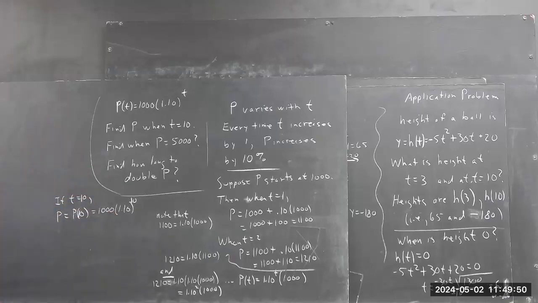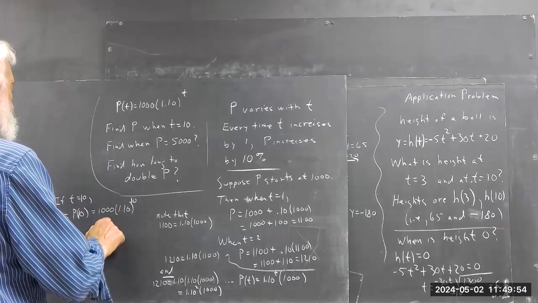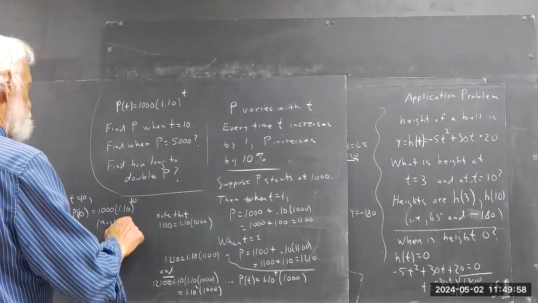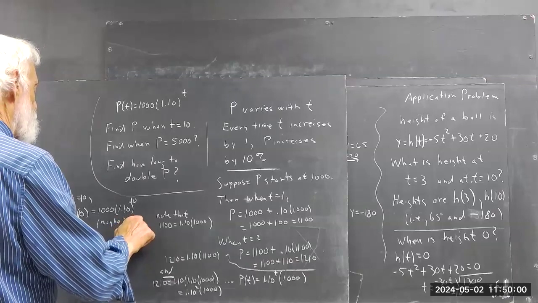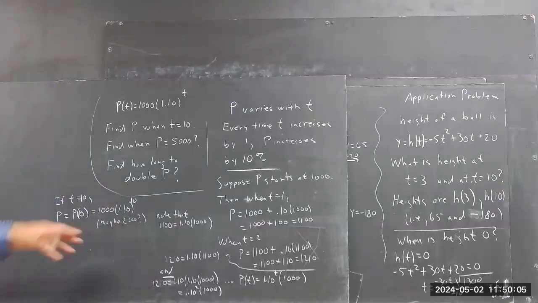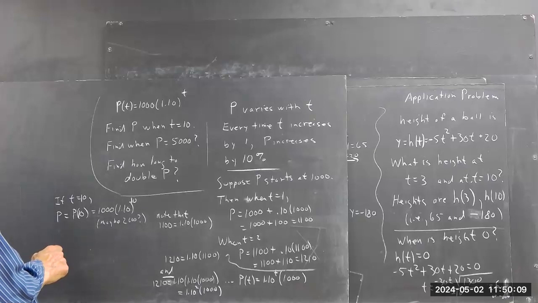Well, you plug that into your calculator. You're going to get something maybe around 2,600, give or take 100 or so, but I'm not going to think hard and try to make a good estimate there. Okay, so that's easy.